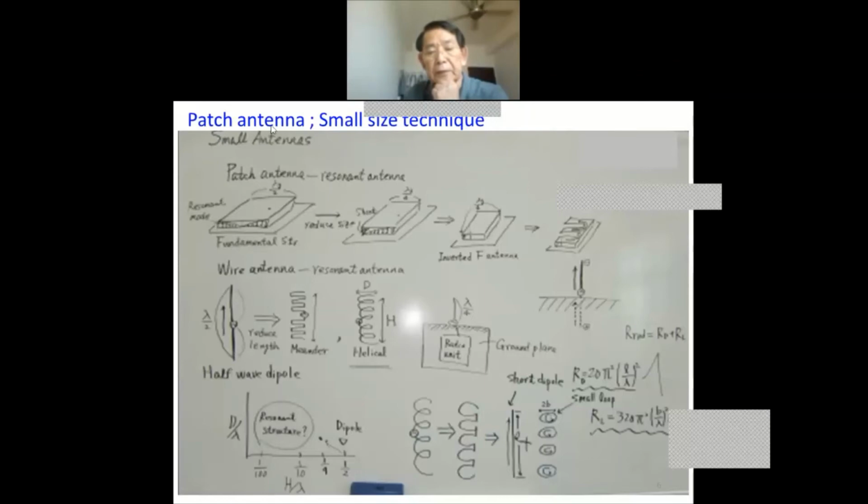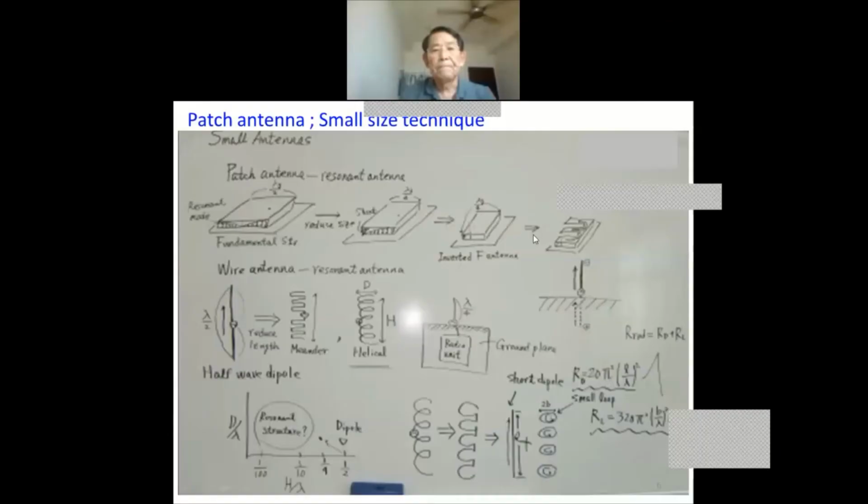Additionally, some small size techniques. Already I explained the mirror symmetry, putting the short plate here. First, it reduces to half size, and the short plate becomes smaller, then it becomes even smaller.